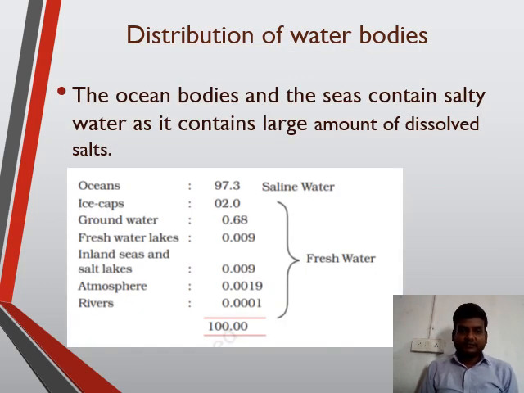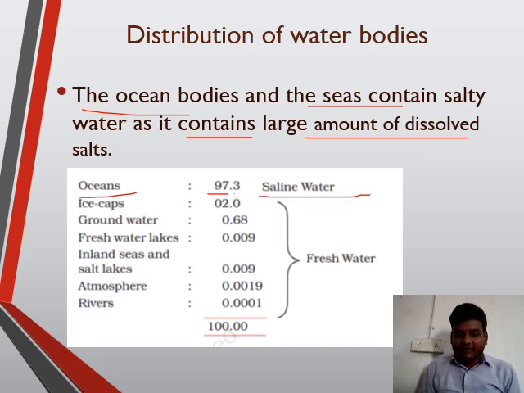You can see the ocean and sea contain salty water with a large amount of dissolved salt. Ocean water is 97.3% saline water, and we cannot use it. Only approximately 2.7% is fresh water. Of that, only 0.7% we can use. The other 99.3% of water we cannot use.